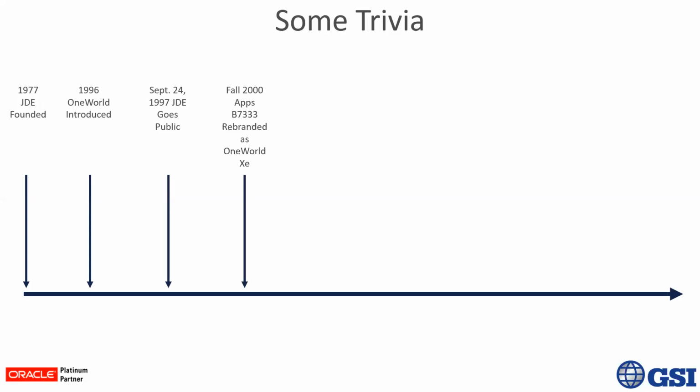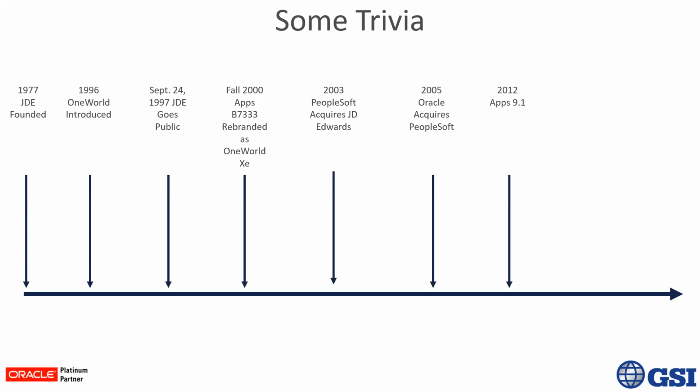So in 2000, 20 years ago, we had this open architecture that worked on something other than an AS400 that allowed people to customize, CNC, configurable network computing, any platform to be able to do what they needed to do. JD Edwards was acquired in 2003 by PeopleSoft. Oracle didn't like that, so Oracle came in and purchased PeopleSoft and JD Edwards in 2005.